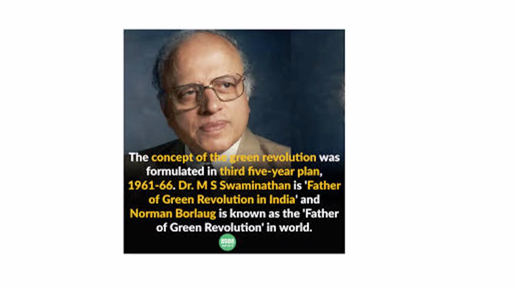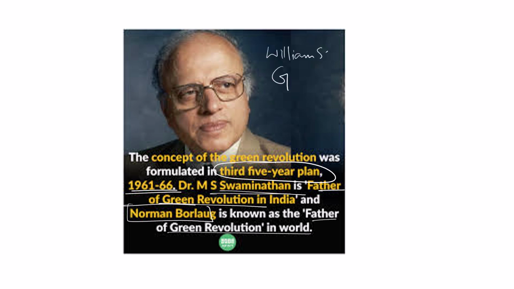Next, this concept of green revolution was formulated in the third 5-year plan, 1961 to 66, by Dr. Swaminathan, who is known as the father of green revolution in India, and Norman Borlaug is known as the father of green revolution in the world. The term green revolution was given by William S. Gaud. Okay, W.S. Gaud you can remember, or just Gaud you can remember. So he gave the term green revolution, right?